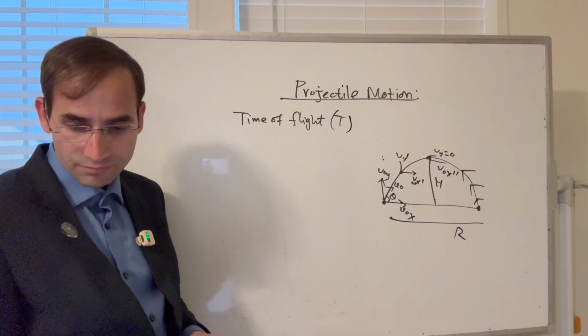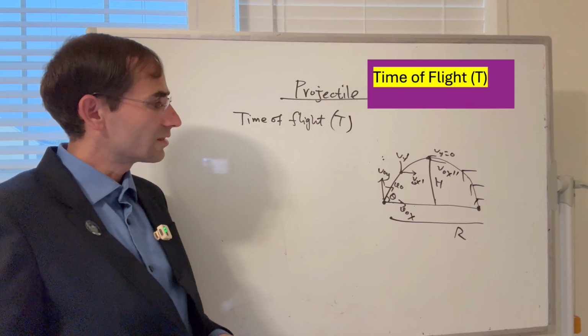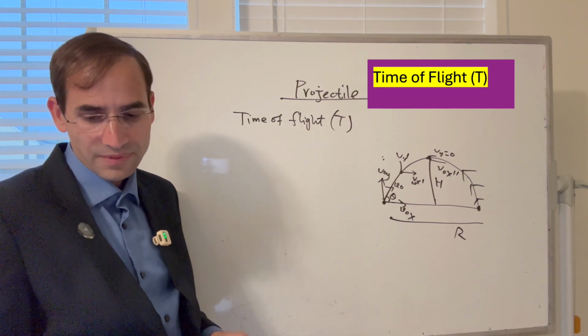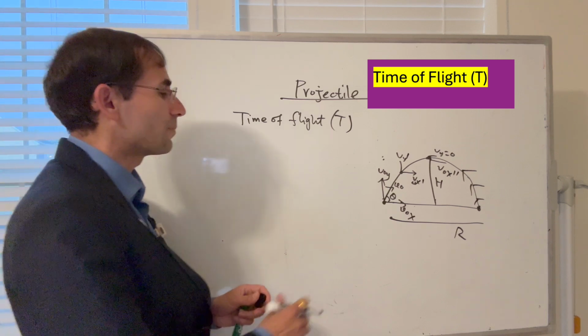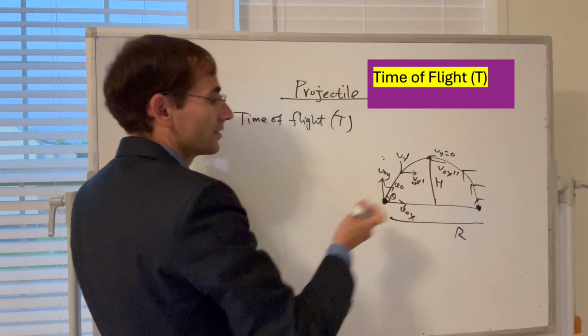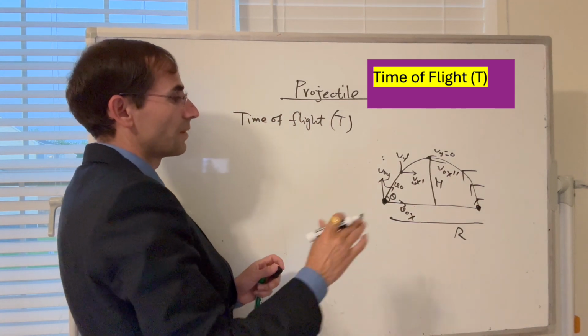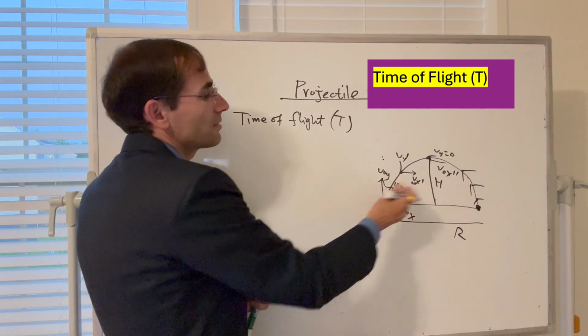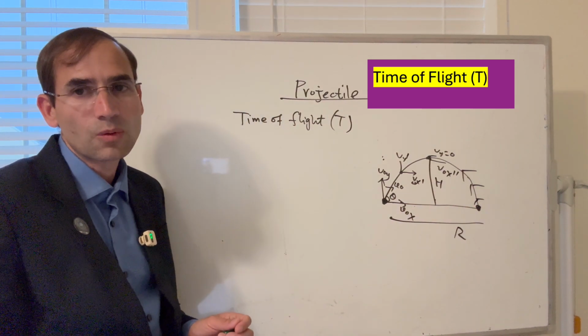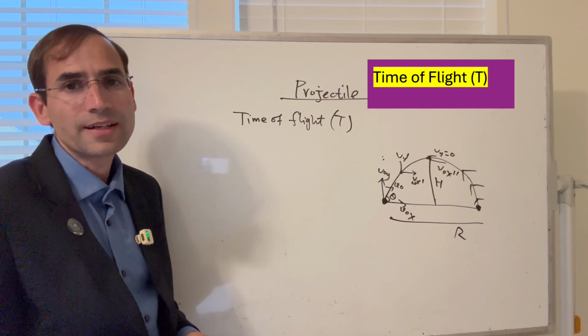How long will the projectile remain in the air? Here the horizontal motion is not changing; the horizontal velocity is the same. Suppose the projection and the landing are at the same level, on the same plane. Then the displacement going from here to here, the vertical displacement, would be 0.